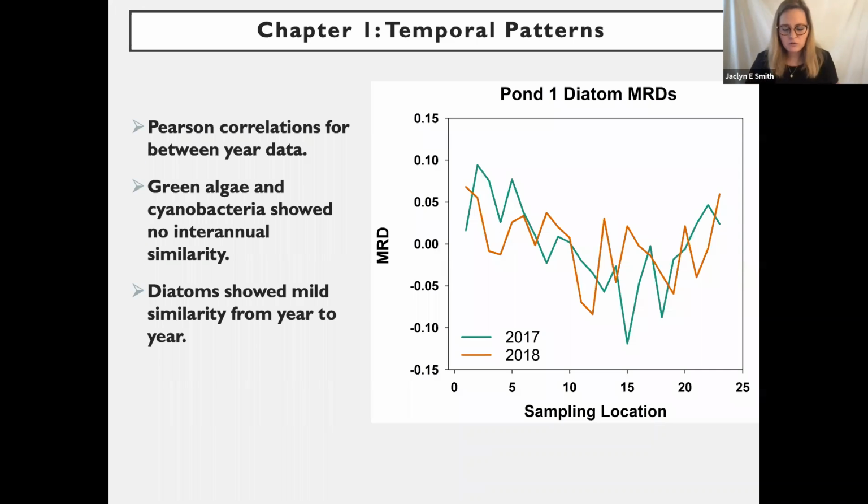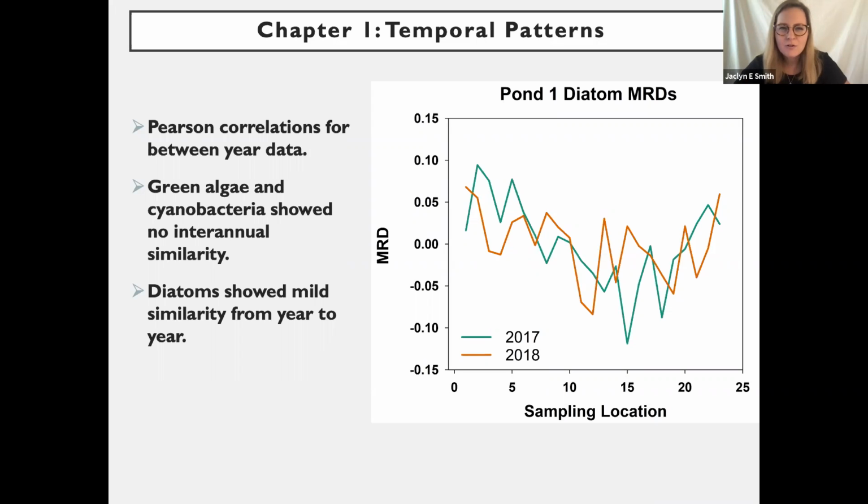So we also wanted to examine interannual mean relative differences, so between year patterns. To do this, we used Pearson correlations. And for the most part, green algae as well as cyanobacteria didn't really show any type of interannual similarity. However, diatoms did show a little bit of a similarity from year to year.